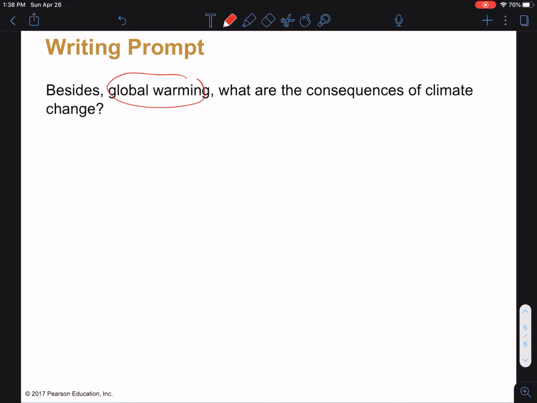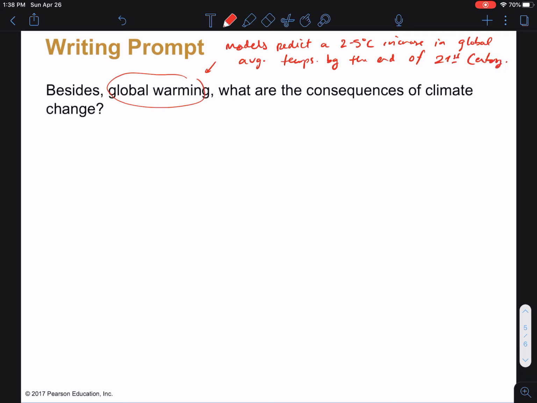And by global warming, we're thinking that the models predict a 2 to 5 degrees Celsius increase in global average temps by the end of the 21st century. So by the year 2100, these global temps should increase by 2 to 5 degrees C, which could be catastrophic.